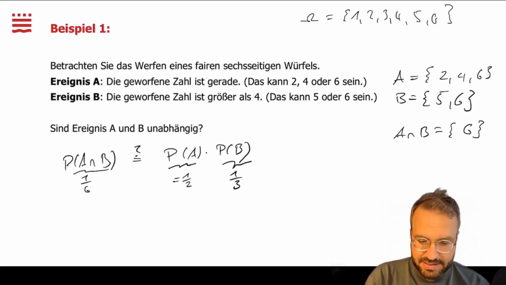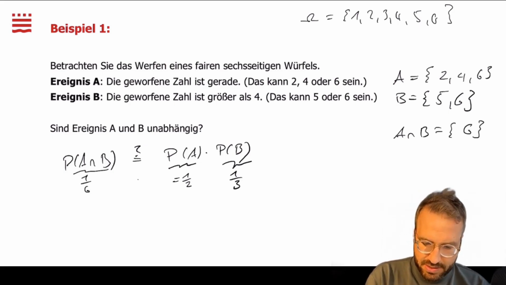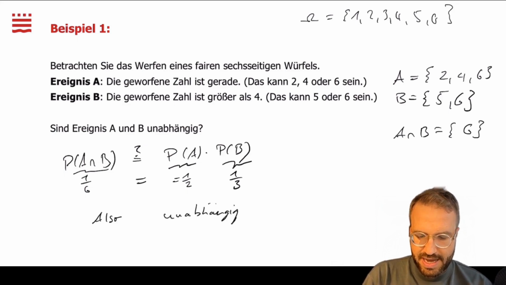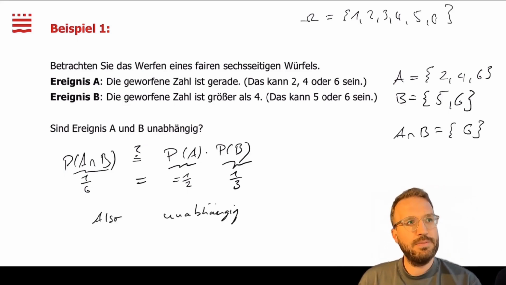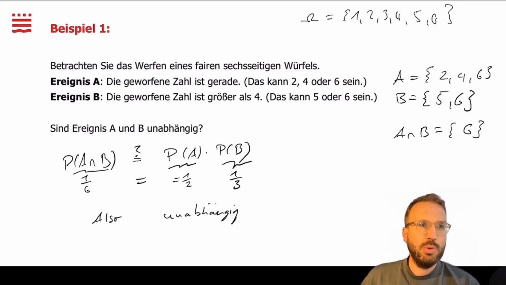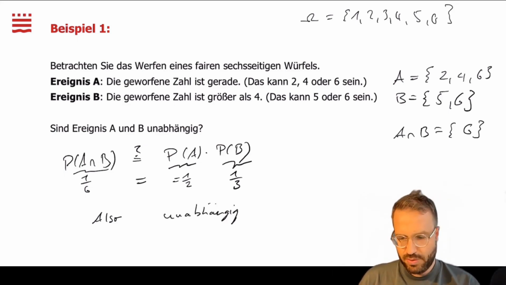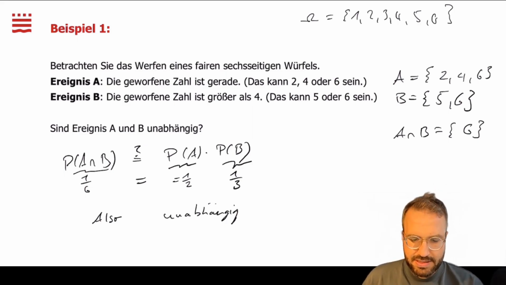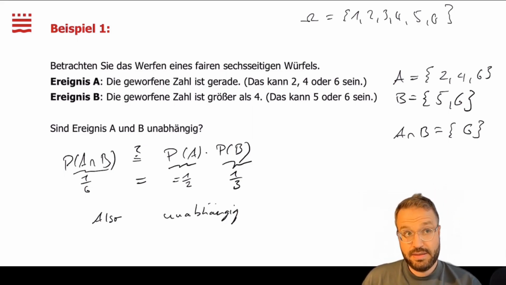And indeed 1/6 is equal to 1/2 times 1/3, thus independent. You can actually come up with another example where you can see that using the other formula to understand the whole thing is also possible, but that's enough. We are done and can now see that event A and event B are independent.